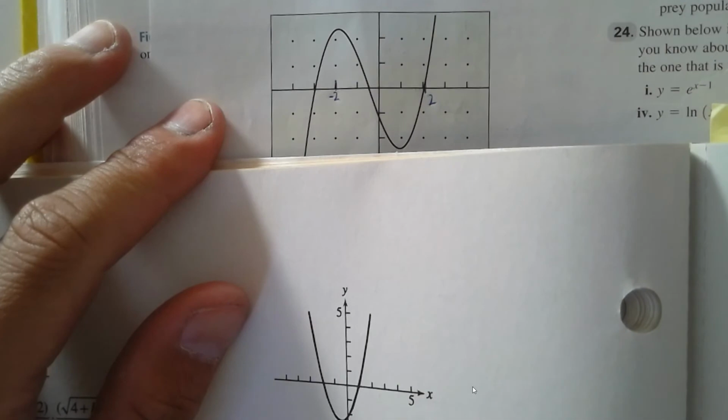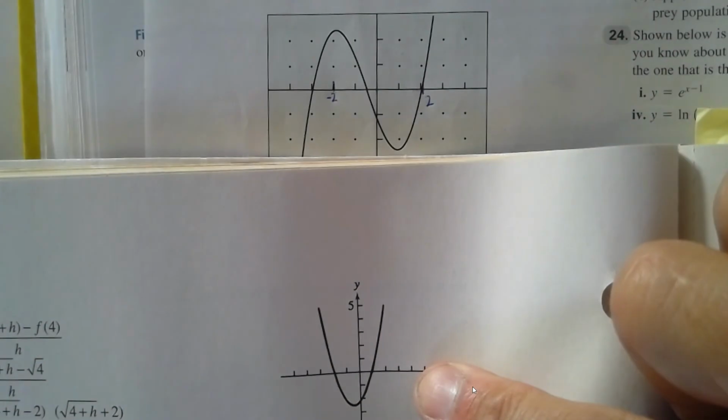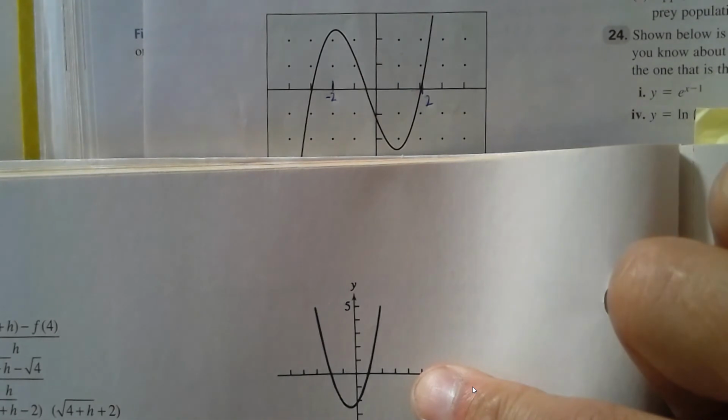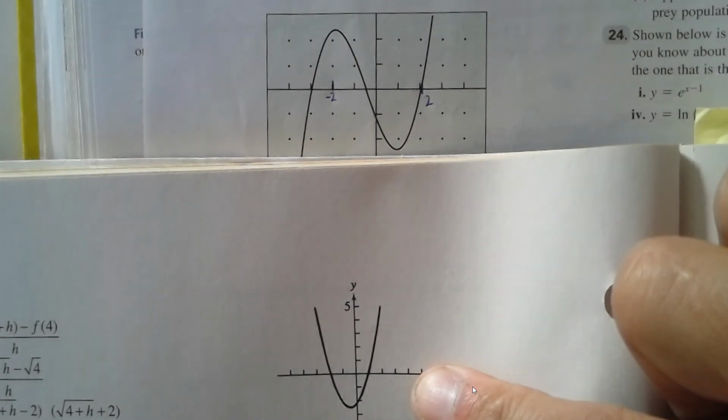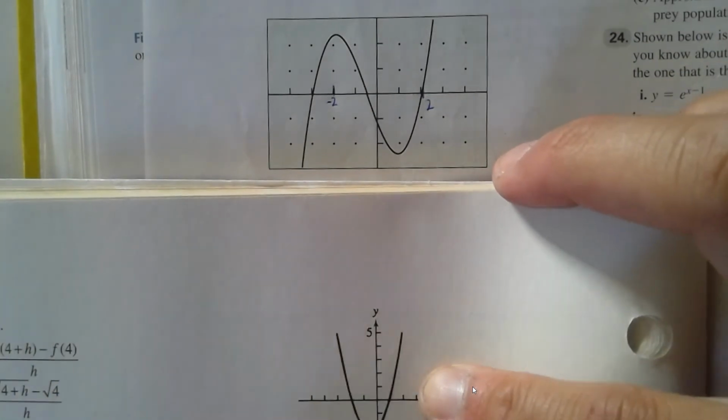All right, so on the top is f, and the bottom is f prime. Who here got close to a parabola? No? This is pretty tough, huh? Okay, let's explain why.